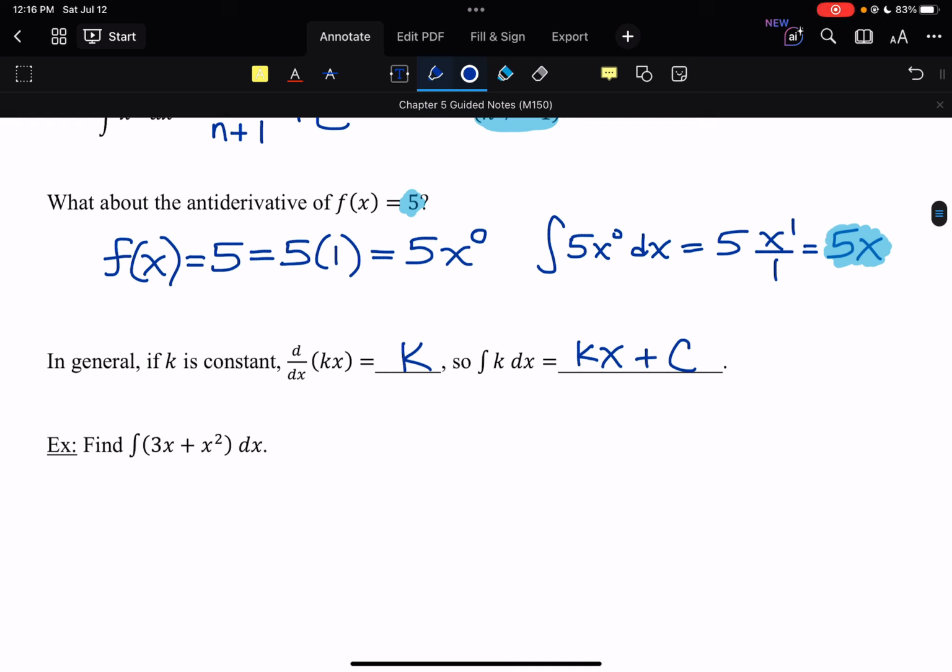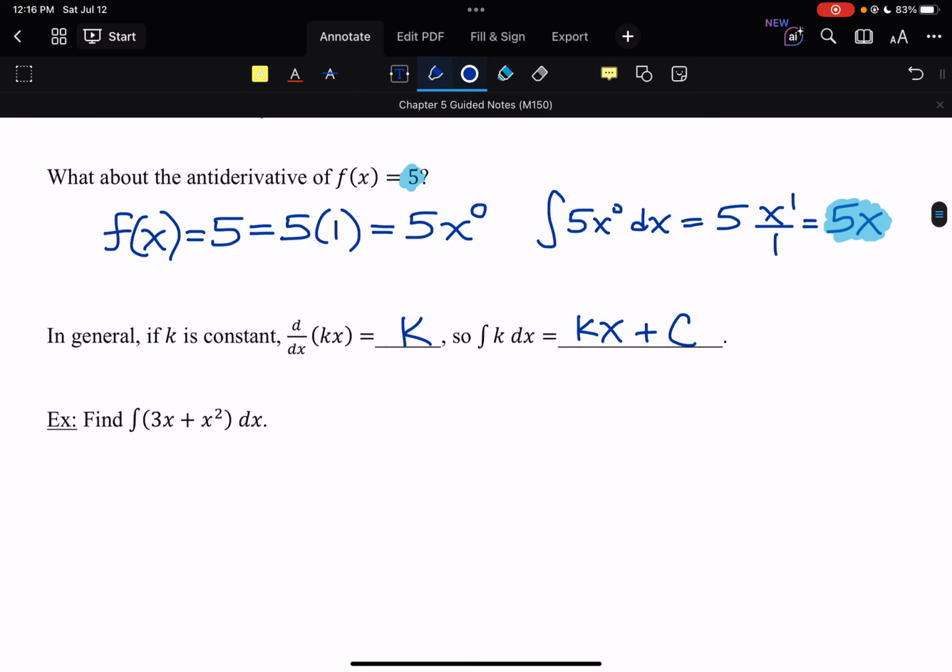Let's take a look at a quick example here. Just try out a quick integral. So we have the integral of 3x plus x squared dx. If we're undoing the properties of derivatives, derivative rules say that a constant multiple doesn't impact the derivative.